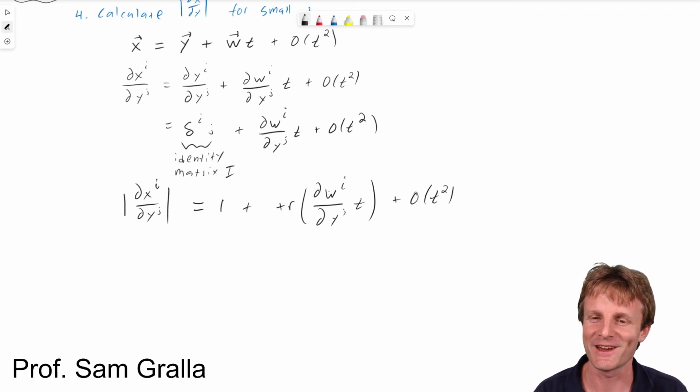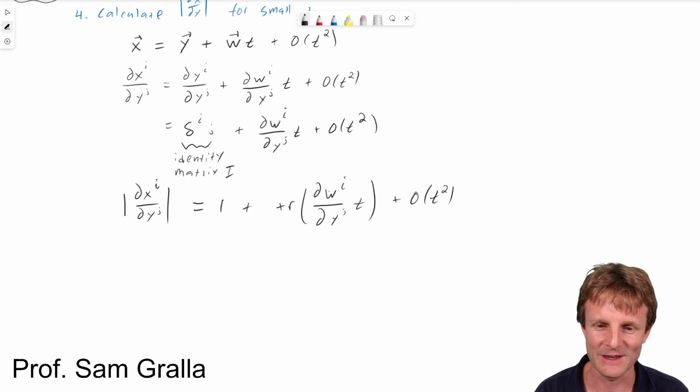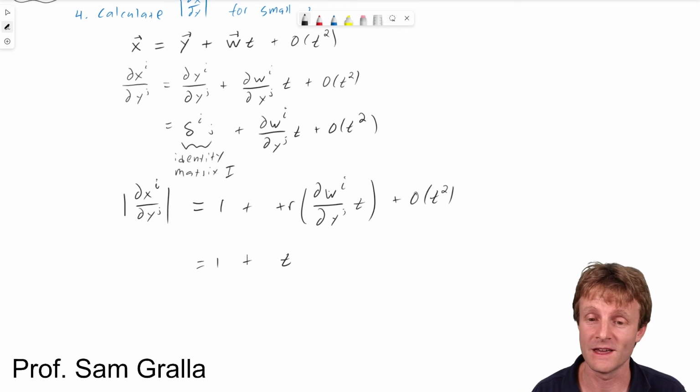Now think about the trace of this matrix. Trace means sum the elements on the diagonal, where i equals j. We sum the elements where i equals j. All of this is the trace, so we can pull the t out. So 1 plus t times the trace of dw_i/dy_j.